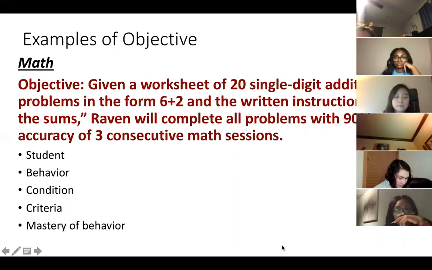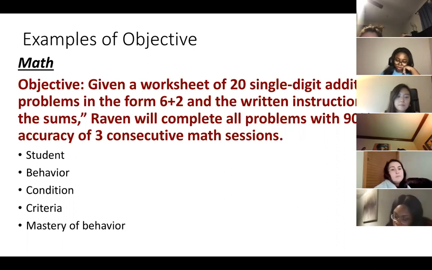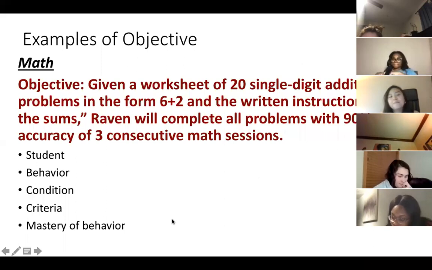Tiffany, you want to try? Student: Raven. Behavior: complete all problems. Condition: given a worksheet of 20 single-digit addition problems in the form 6 + 2 and written instruction, find the sums. Criteria: 90% accuracy. Mastery of behavior: 3 consecutive math sessions. Perfect. Thank you.